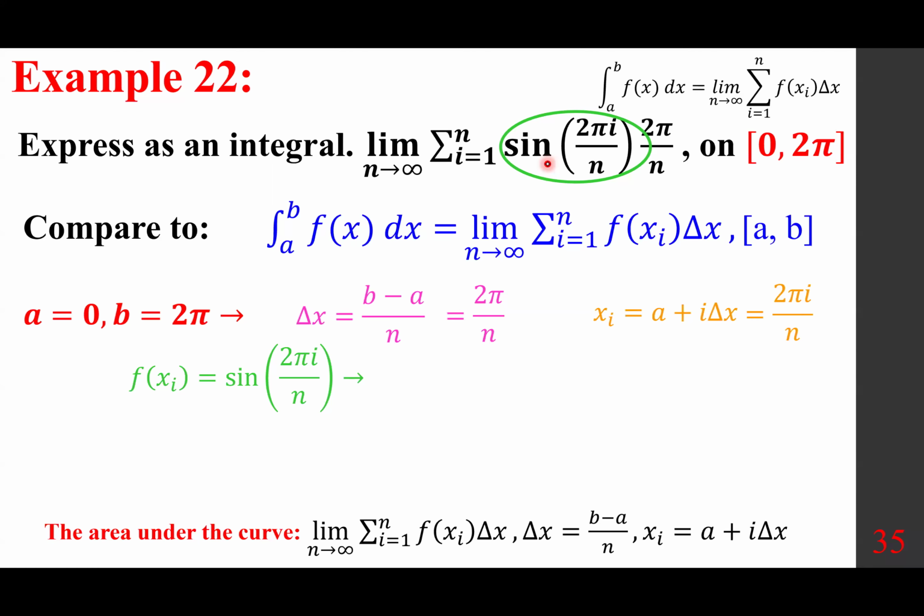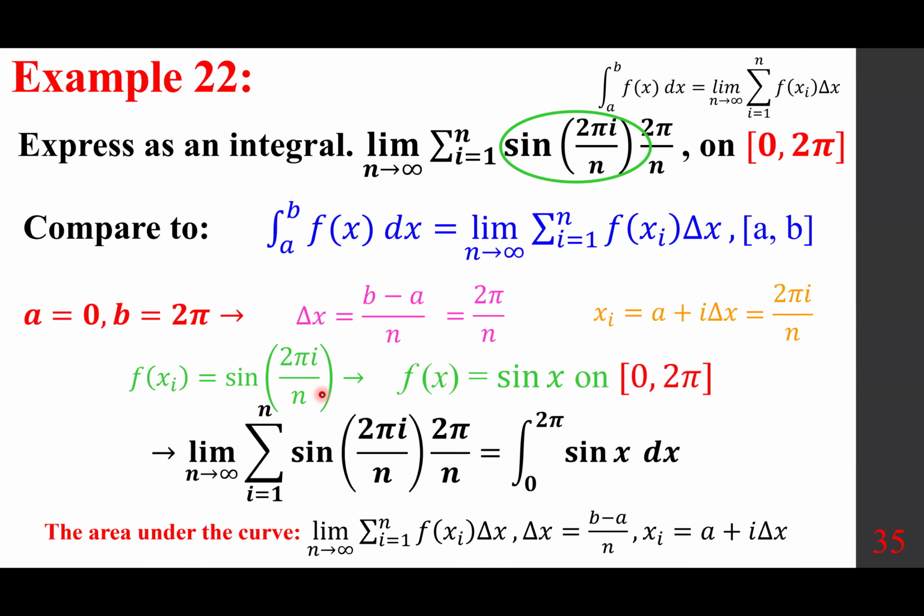So simply put, the function f of x is sine of x on the interval of 0 to 2 pi. Therefore, the limit as n goes to infinity of the summation of i going from 1 to n of sine of 2 pi i over n times 2 pi over n is the integral from 0 to 2 pi of sine x dx.